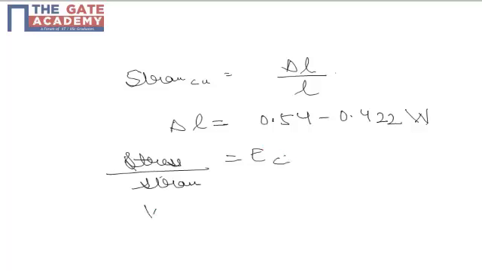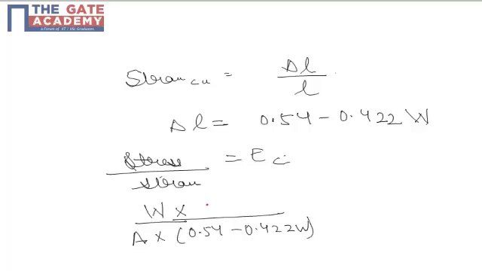Stress is W by the cross-sectional area A, and strain is delta L upon L, that is 0.54 minus 0.422 W upon the original length, and it should be equal to E_C, which is given as 105 kN per mm square.